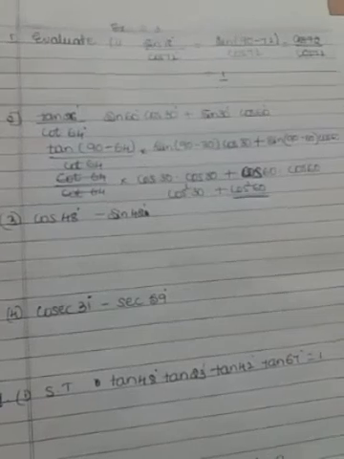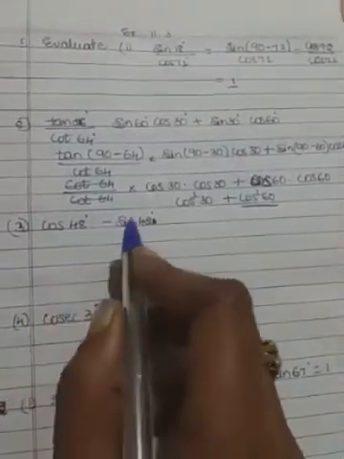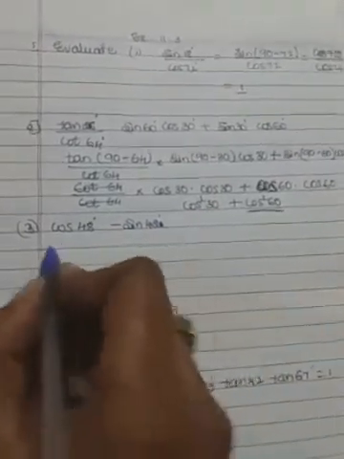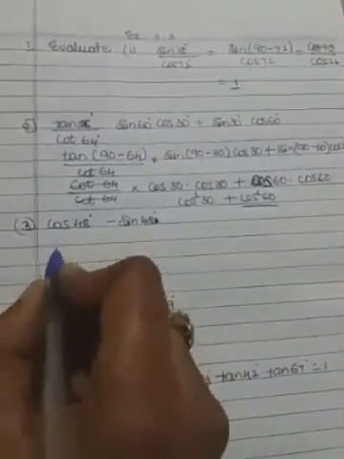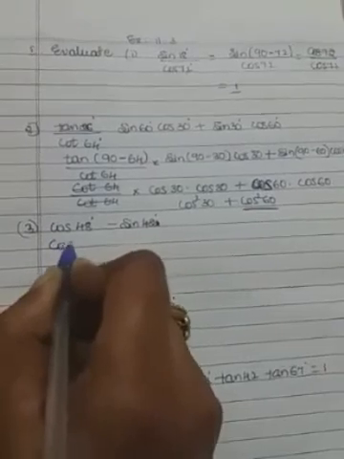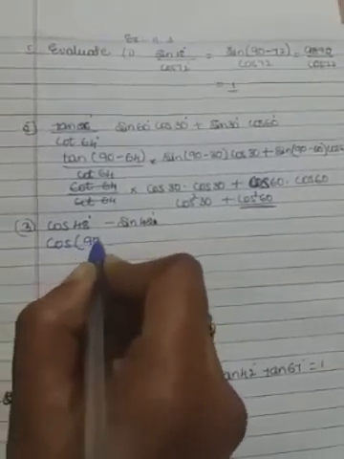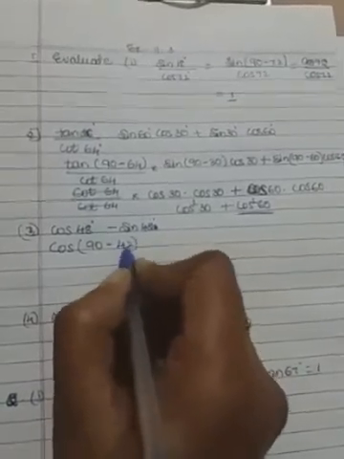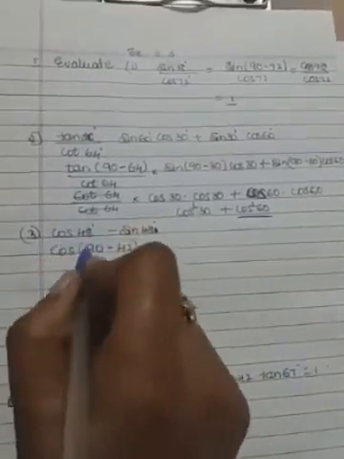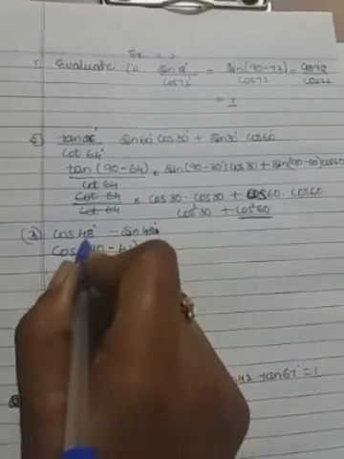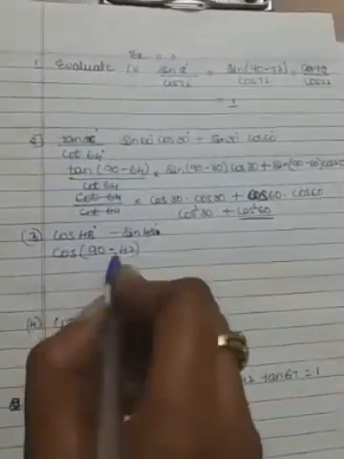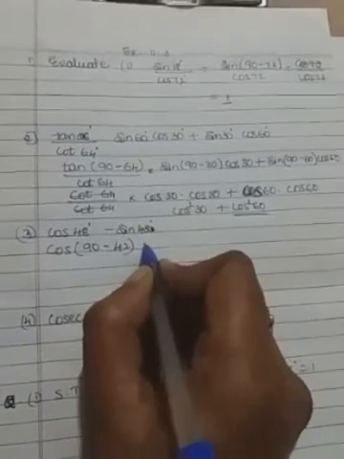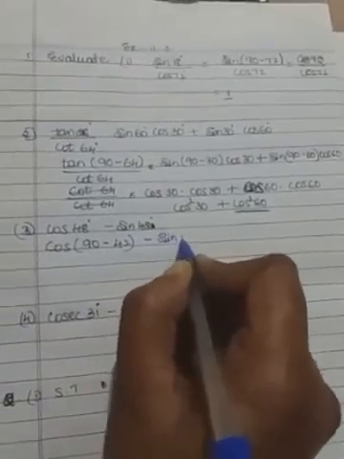Next, we move to the third sum, which is cos 48 minus sin 42. We can take cos 48 in complementary form as cos of 90 minus 42, since 90 minus 42 equals 48, the value never changes, minus sin 42 as it is.